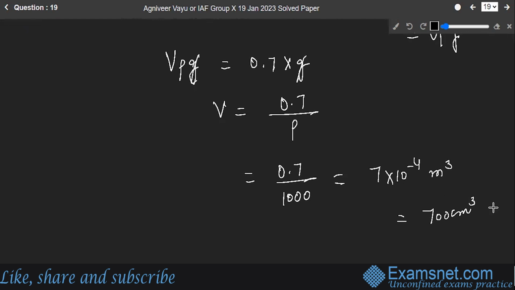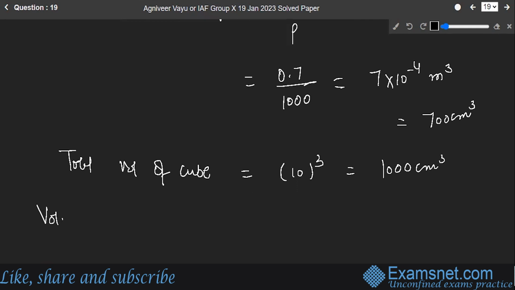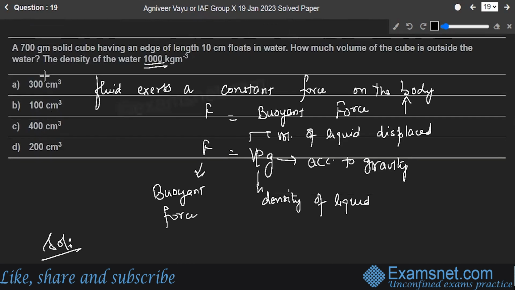So total volume of the cube is equal to side cube, right? Which is equal to 1000 centimeter cube. So volume outside the water: because this was inside the water, 1000 minus 700, which is equal to 300 centimeter cube. So this is the volume which is outside the water.